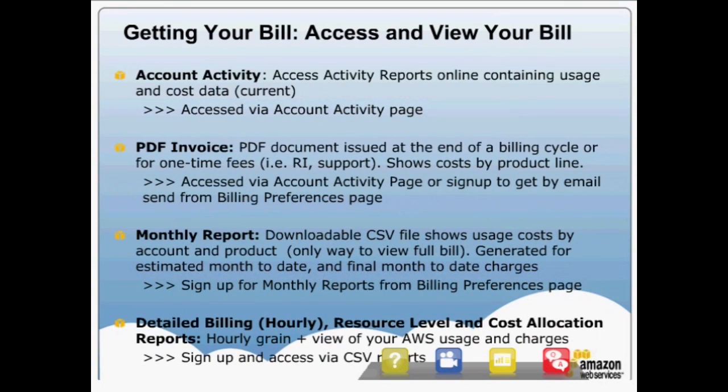So once you have those tags in place, this is where we talk about billing and how you get access to that information. So you have everything tagged. Now, you can do account activity, and you can just go online into your console and see what the account activity is. You can get a PDF invoice. You can do monthly reporting to see what your costs are for that particular month, or you can do detailed billing down to the resource level and cost allocation reporting.